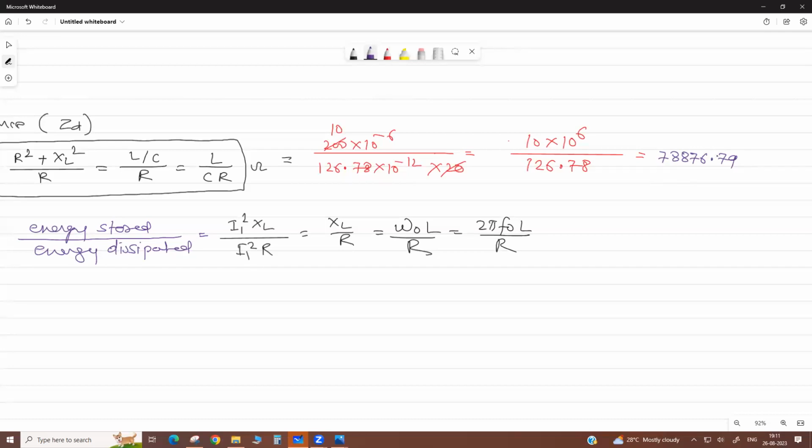This much of, it is in what? Ohm. Okay, dynamic impedance. Hello, so what is the value of dynamic impedance? Dynamic impedance means this much ohm, 78970.